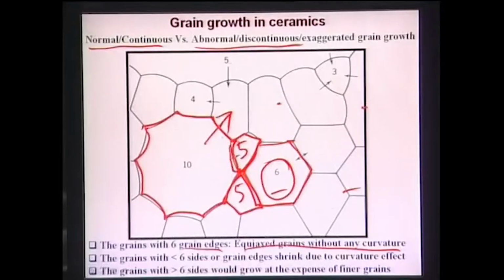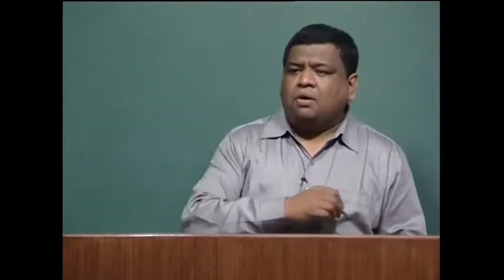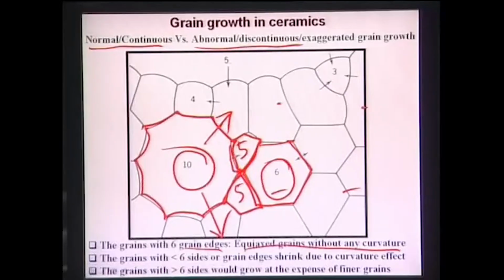And what you see here in both these cases is that the grain boundary will be dragged diagonally this way and this way, so that these grains will now grow. Now the entire volume will remain constant, so this grain growth can take place only when whatever smaller grains it has in the neighborhood are consumed.